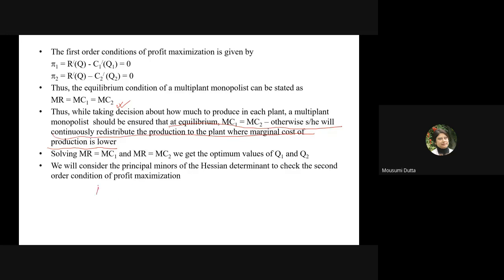I am telling that at equilibrium, you should ensure MC1 is equal to MC2. That means the incremental cost of production in the first plant is equal to the incremental cost of the second plant at equilibrium.